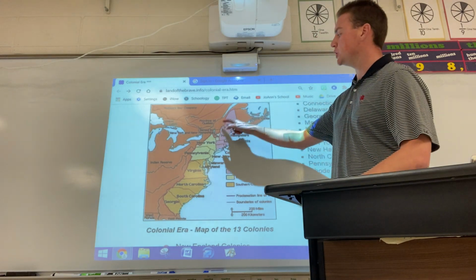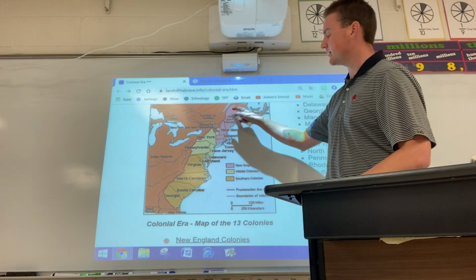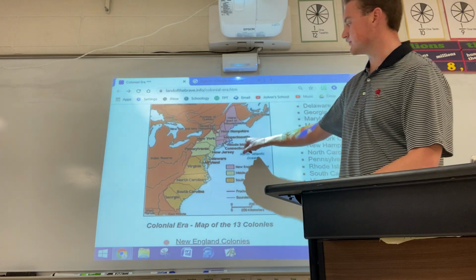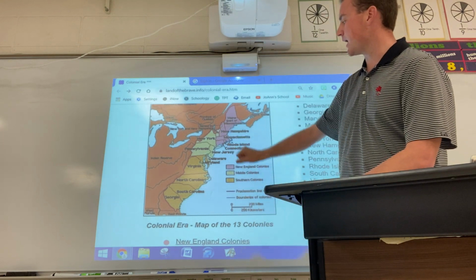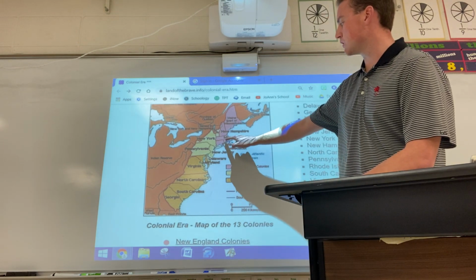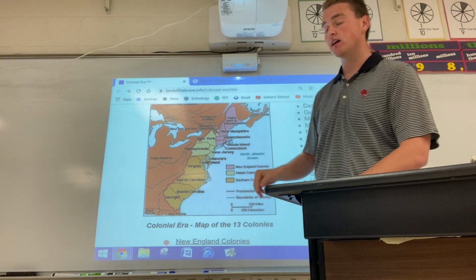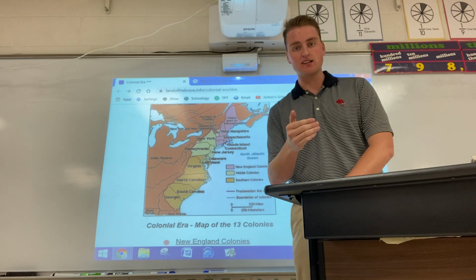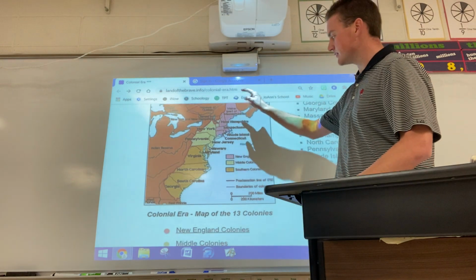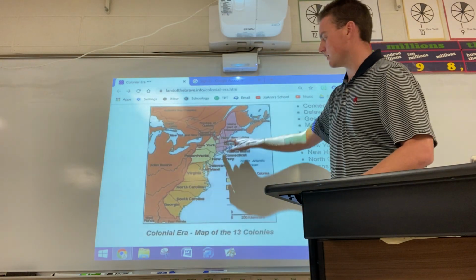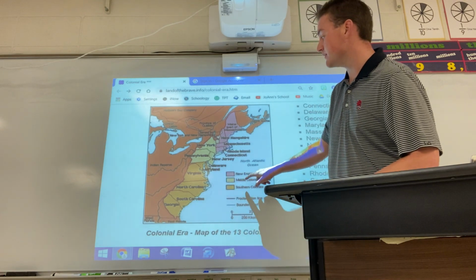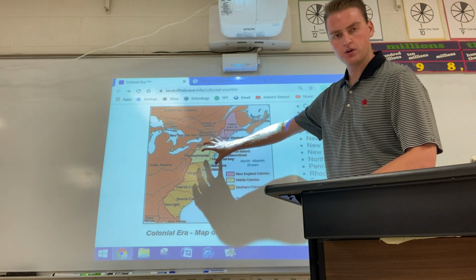This is the New England colonies shaded here in the pink, and they consisted of states like Maine, New Hampshire, Massachusetts, Rhode Island right there in that very, very small spot, and Connecticut. Those were your New England colonies in the pink. Let's go to the yellow right here. These are the middle colonies.